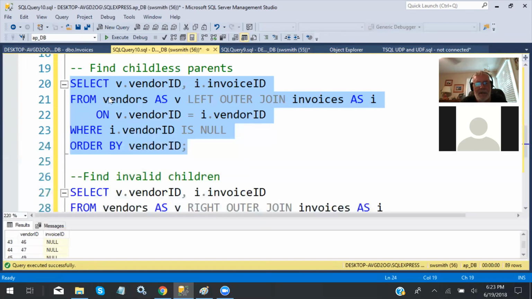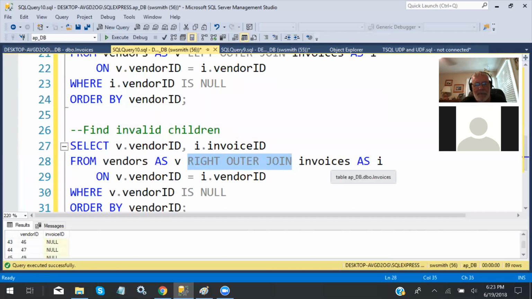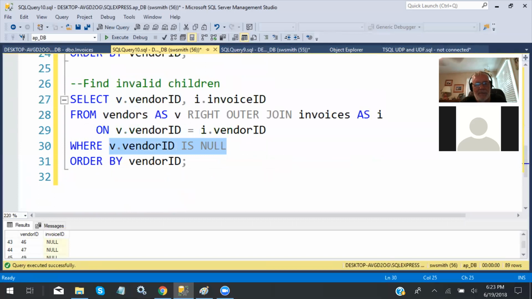That's just my way of doing it. Finding invalid children, I point the join at the child where the parent is null.